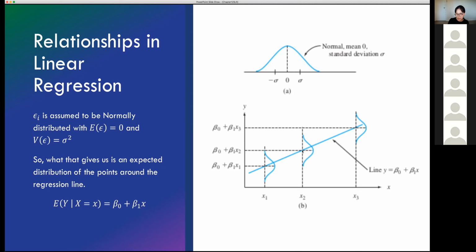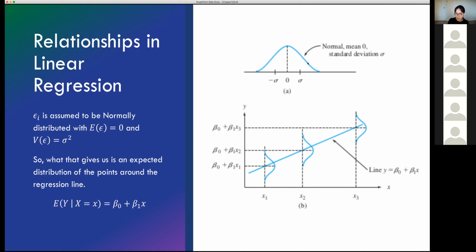So the expectation of this y would be beta 0 plus beta 1 times x, and the error term would not change the mean, the expected y.